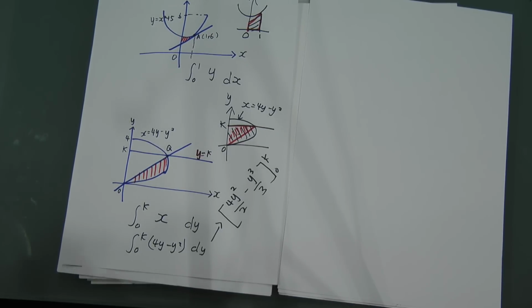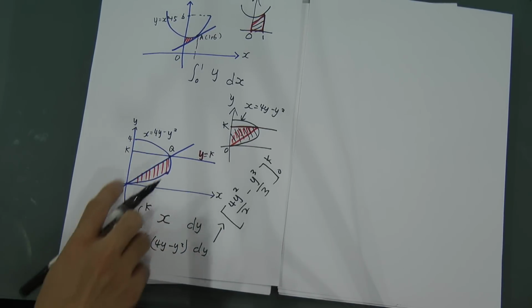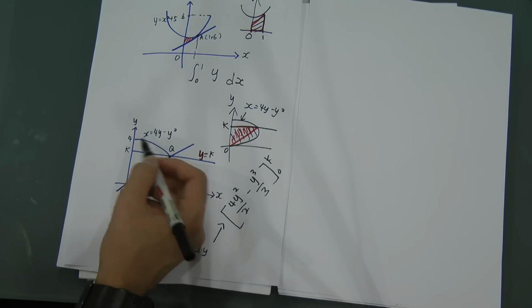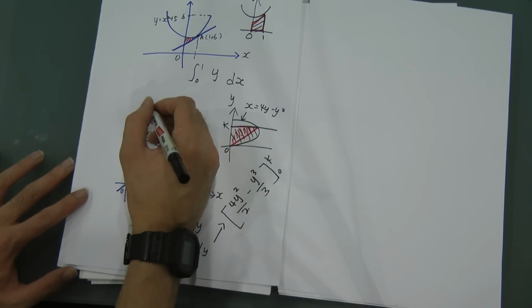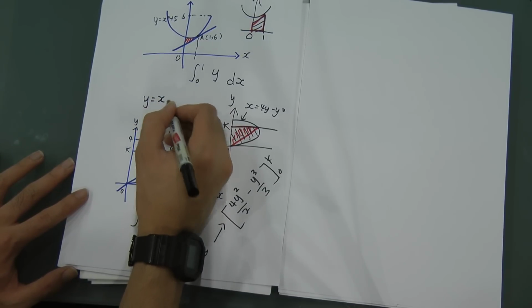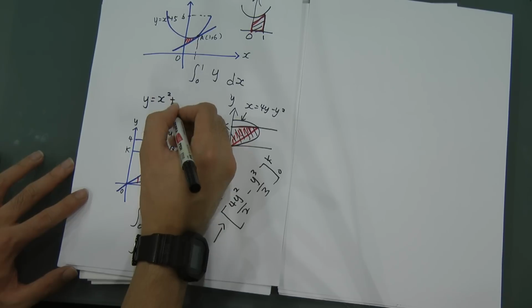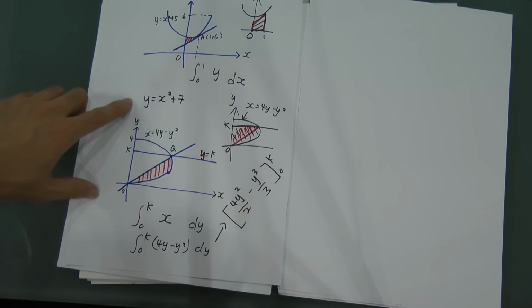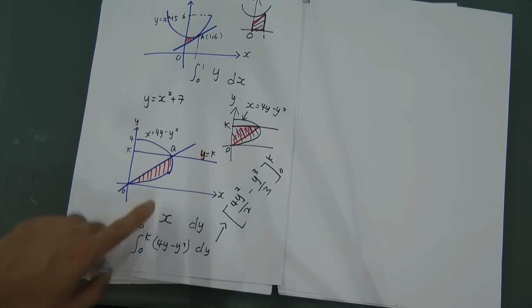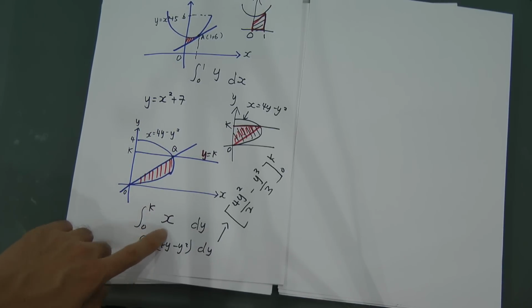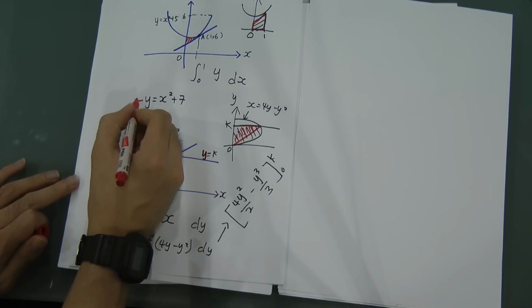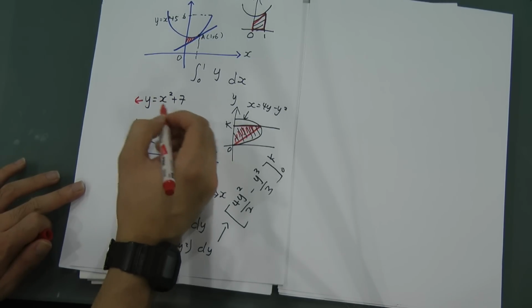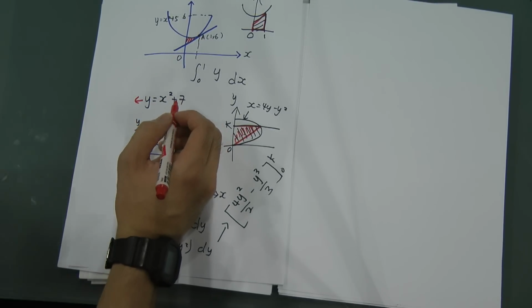So if, let's say, this curve doesn't give you x so nicely, for example, maybe he gives you y equal to x squared plus 7. If he gives you this curve and you want to substitute x here, you have to change this to make x the subject.